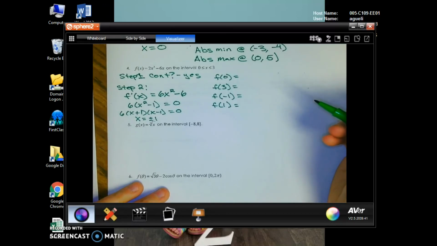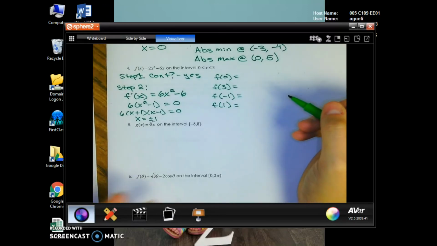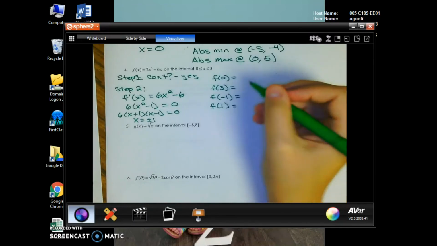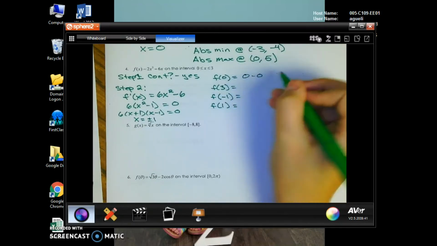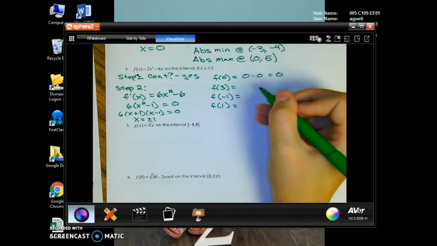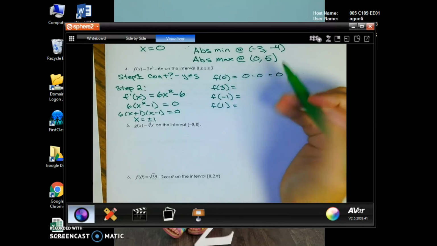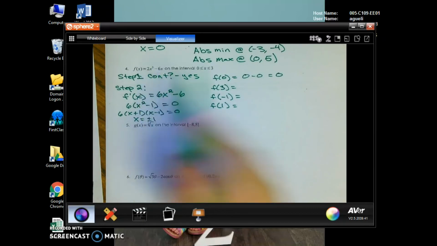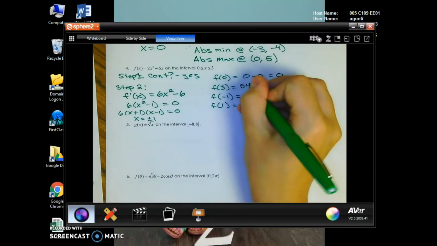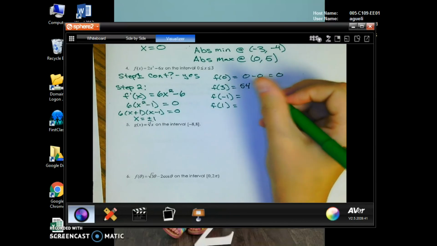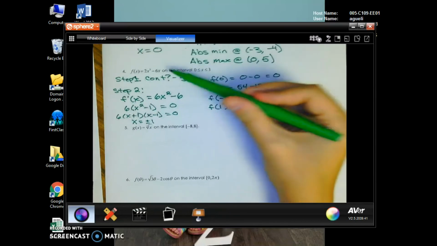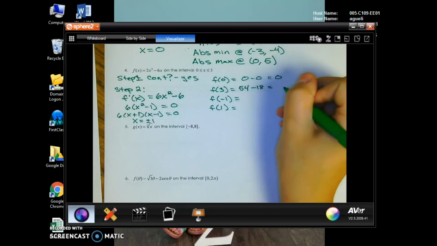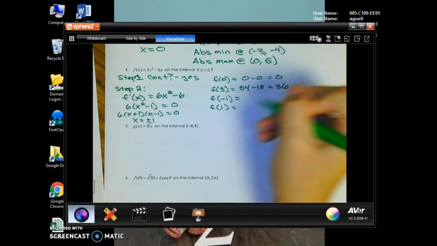So when I plug in to the original, let's see, if I plug in a 0, I'm going to get, oh, that's not really exciting, 0 minus 0, right? So that's going to be 0. When I plug in a 3, let's see, that'll be 3 cubed 27 times 2, so that'll be a 54. And then minus 18, because 3 times 6, negative 6 will be that. So that'll give me a 36.